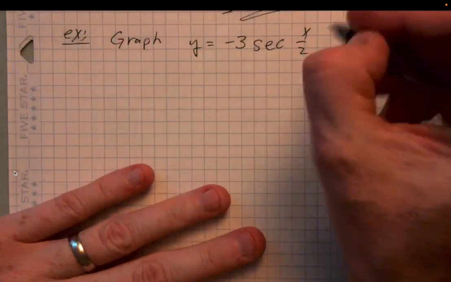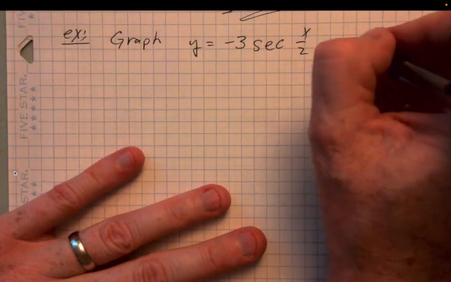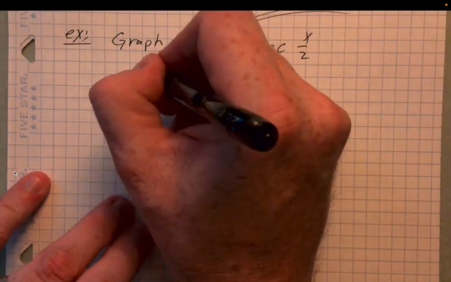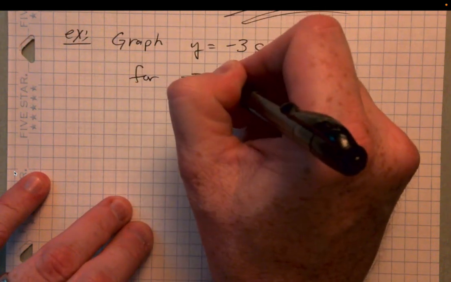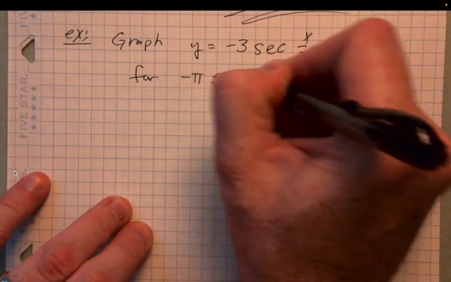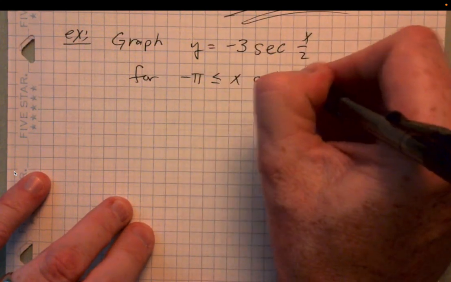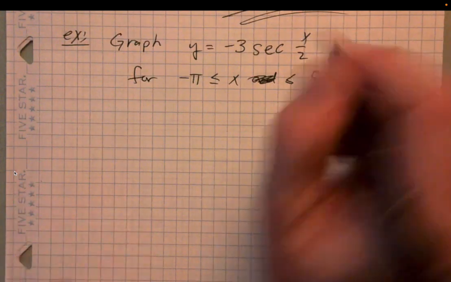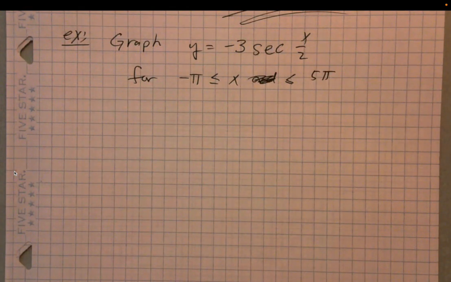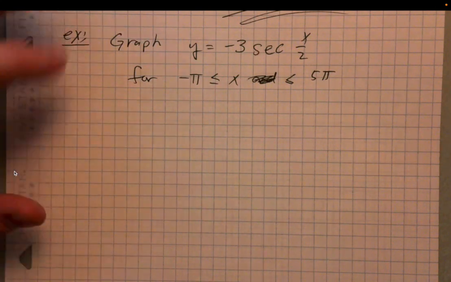Okay, and let's limit the domain here. So for x between -pi and 5 pi. Okay, so we're just going to do this one side of it here. Okay, so let's see what this looks like.